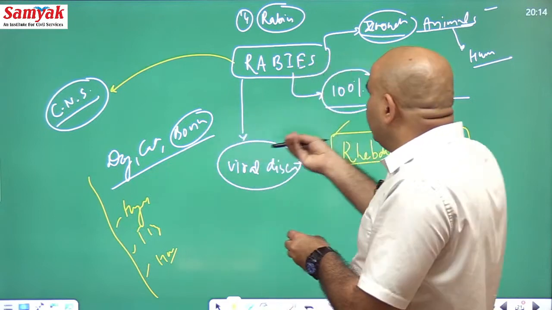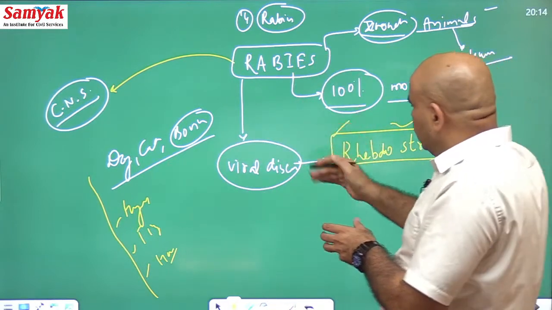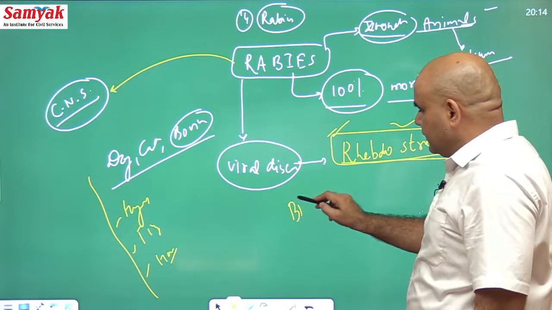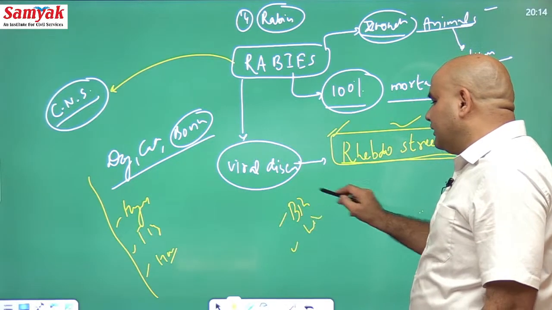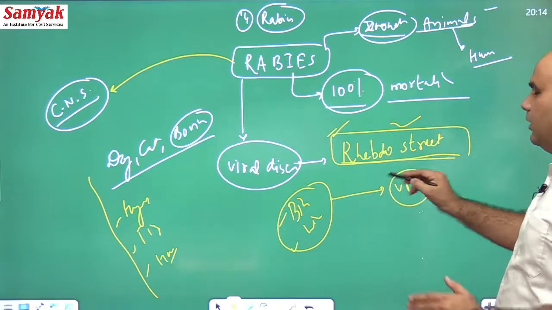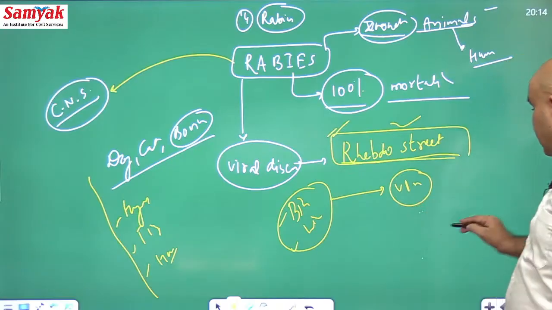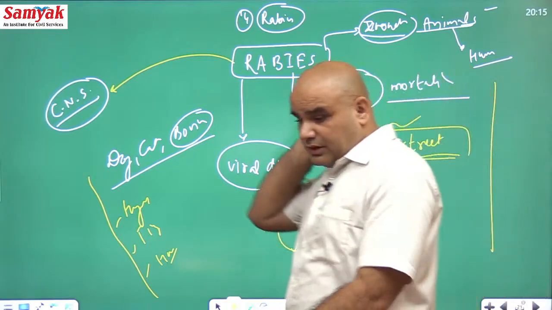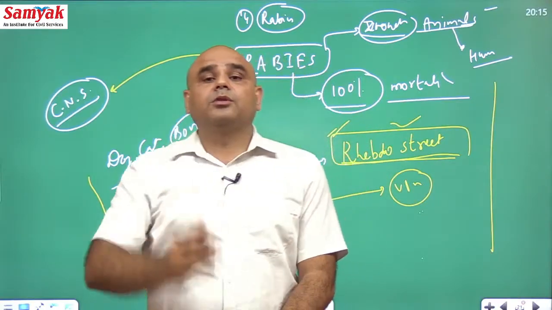Whenever the infected dog, which is a carrier of the Rhabdovirus, bites the patient or licks the patient, with the saliva, this virus will come in contact with the skin of the patient. The skin is a primary barrier, an example of the defense system of your body.